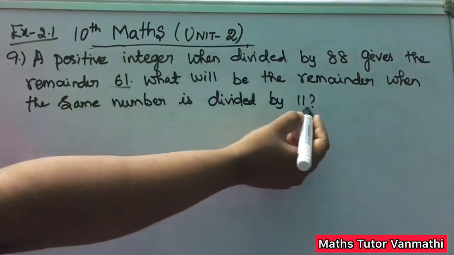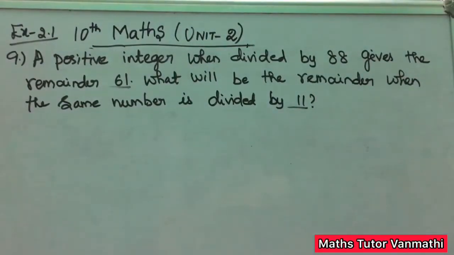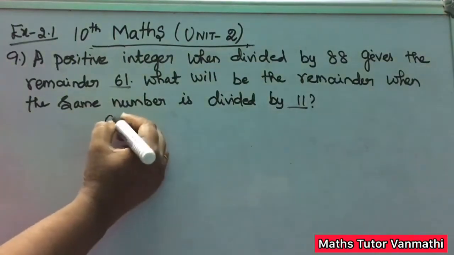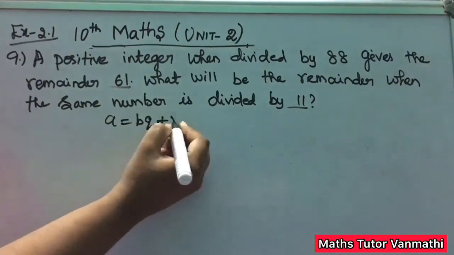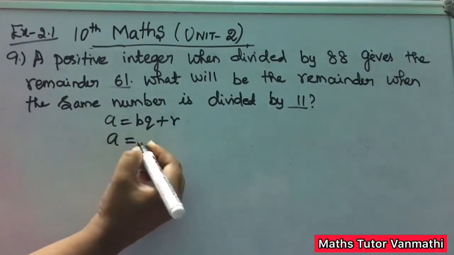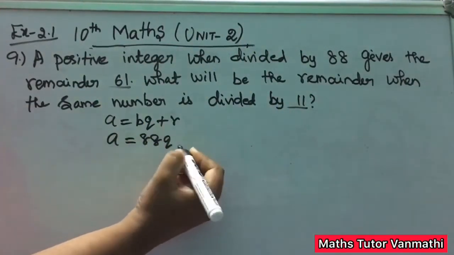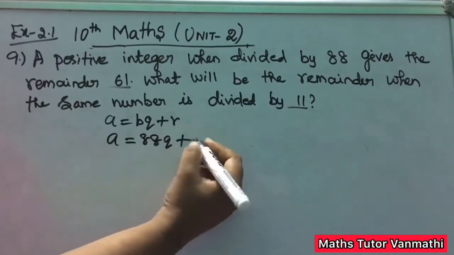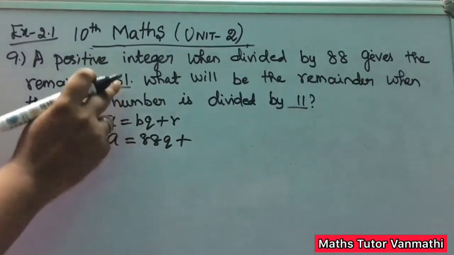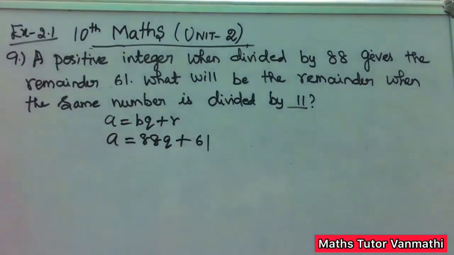Okay, so we are using the lemma, Euclid's division lemma, a equal to bq plus r. First, what is the divisor? 88. So a is equal to 88q plus r. When dividing by 88, your remainder is 61. Clear?